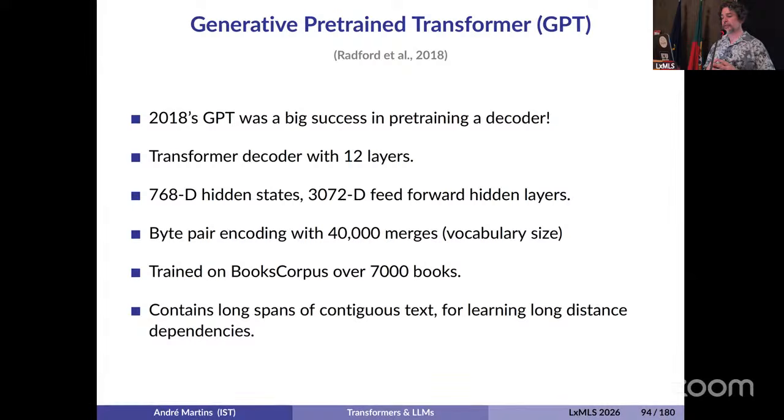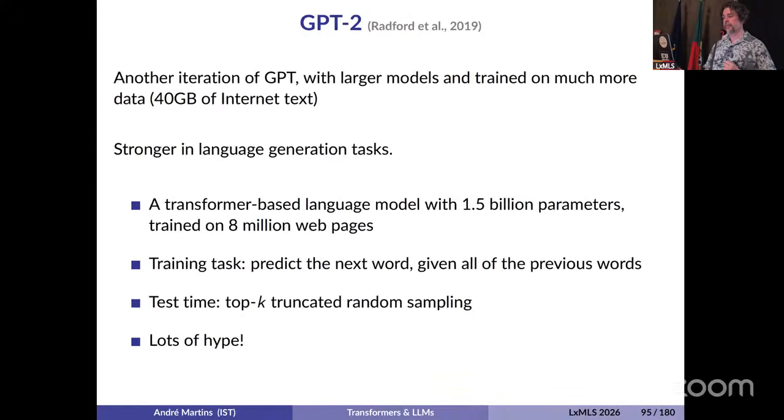Trained on a books corpus, which is a dataset that is now deprecated because it violates copyrights. But so this was 7,000 books, and it was very effective. Okay, so the second one became a lot more famous, GPT-2. How many of you remember GPT-2 when it was introduced?